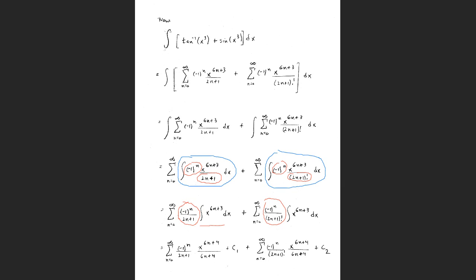Now you can get the antiderivatives. The antiderivative of x to the 6n plus 3 power, it's one power more, so that would be x to the 6n plus 4 divided by 6n plus 4.